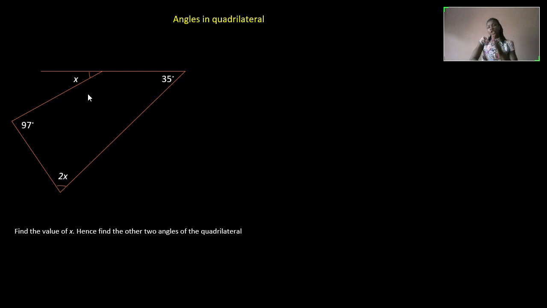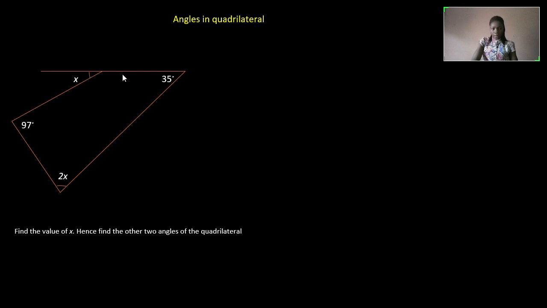So the first thing we have to do is find our angle x first. And finding this our angle x, we are going to use sum of angles on a straight line. So using sum of angles on a straight line, that makes this place equal to 180 minus x.